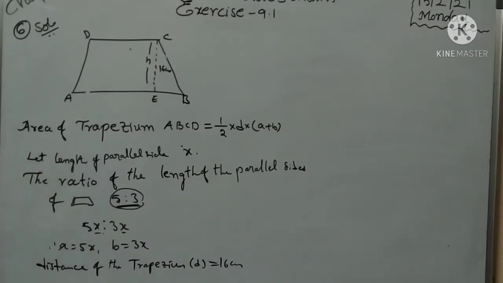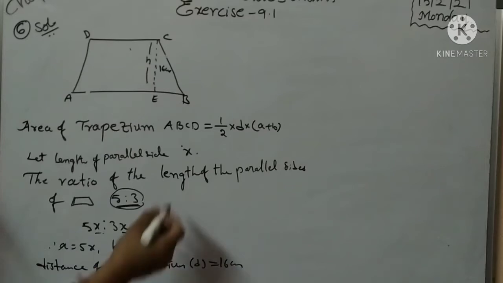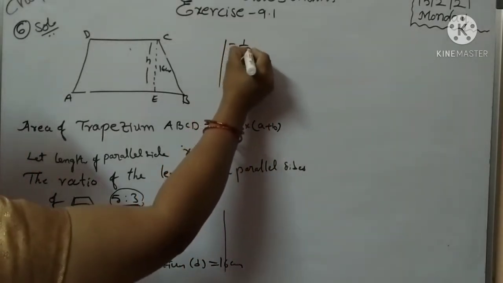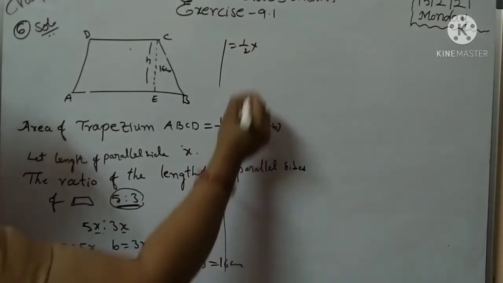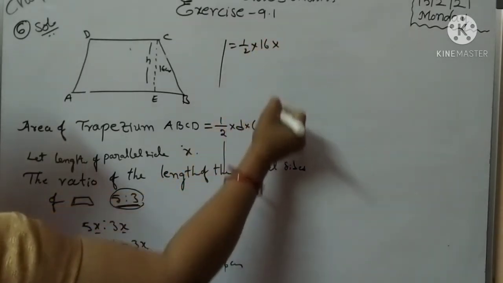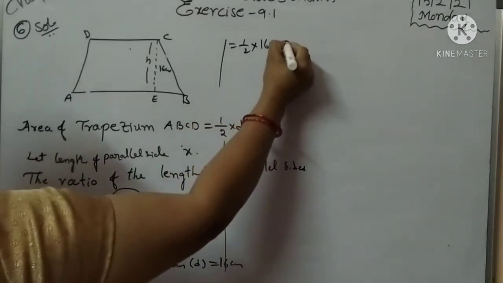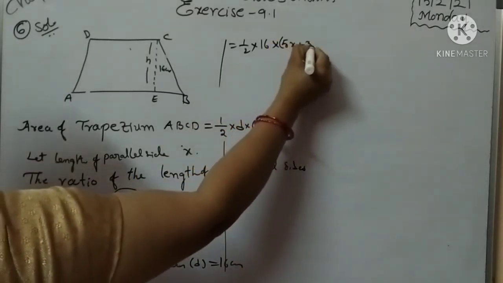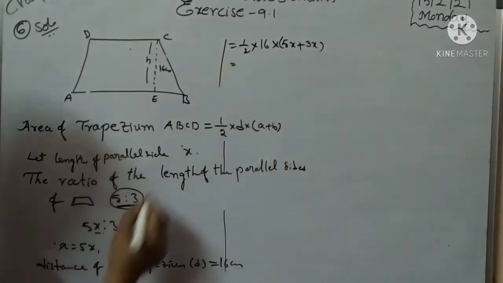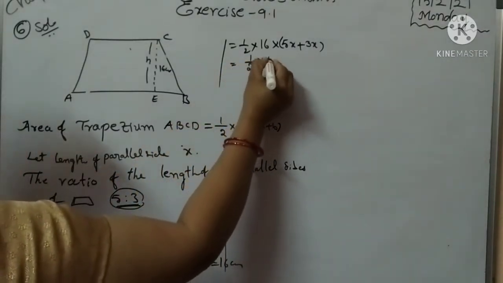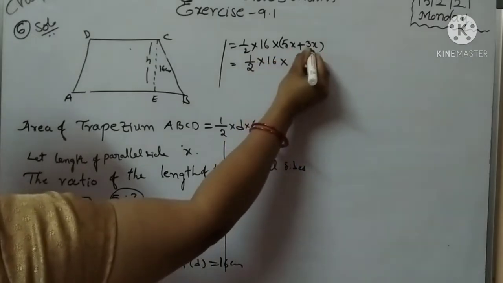So 1 by 2 into 16 into the sum of the parallel sides, 5x plus 3x, that is A plus B. 1 by 2 into 16 into 5 plus 3, that is 8.